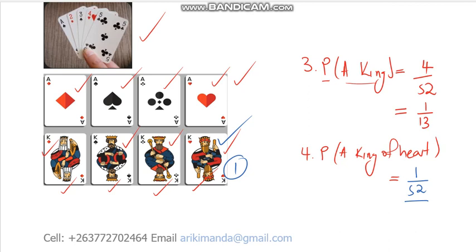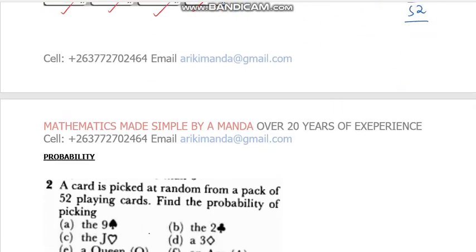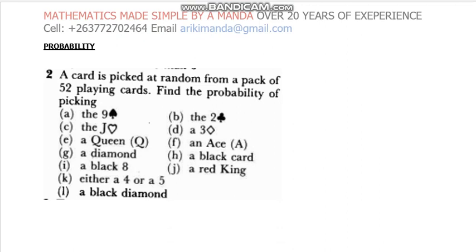Let's proceed to questions. We have questions that are given here on number 2. I won't answer any question, but I'll just explain what this means. Find the probability of picking this 9. It's the 9 of spades. That's why the image is painted black.